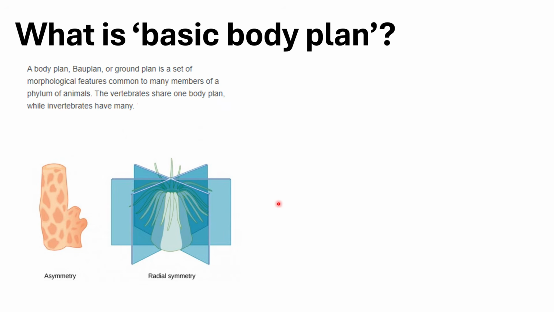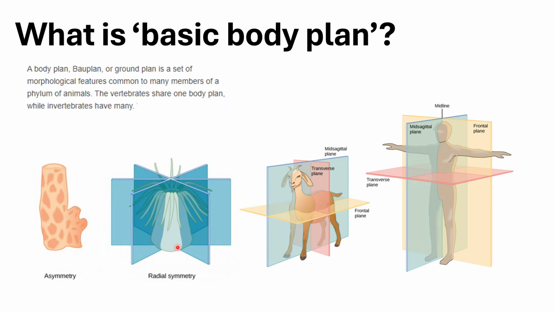This is, I think, a sea anemone, and you can see that the symmetry is radial. And this is very different from us. So as humans, do not forget that we are technically animals as well. But anyway, there are similarities with the animals. Okay, so you would have your left and right. You would have your transverse plane, mid sagittal plane, frontal plane, etc.